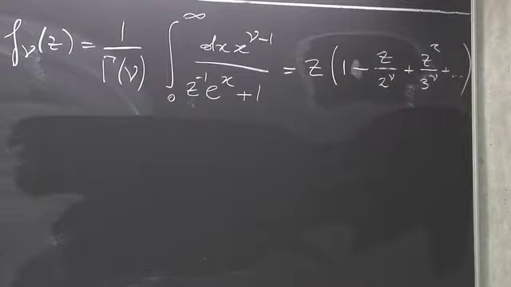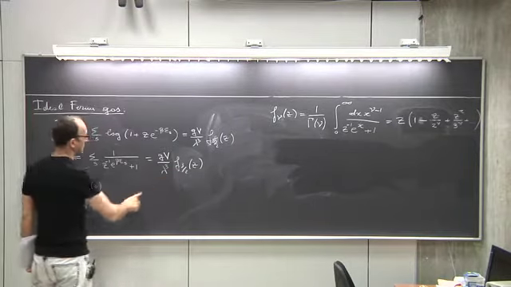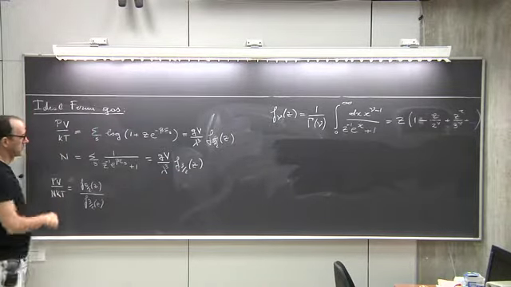Okay, so for example, if we want to compute the equation of state, the first thing is we want to invert the relation between z and n.